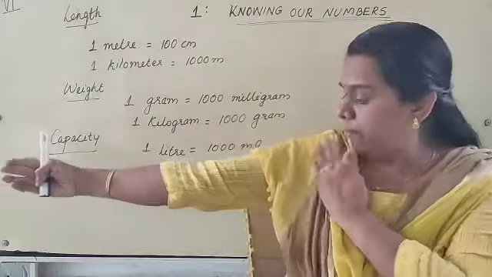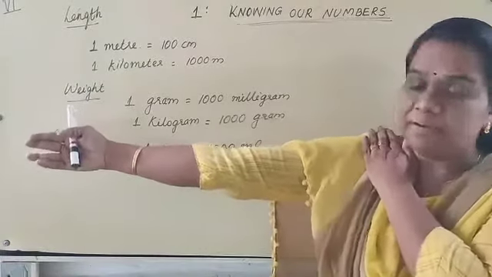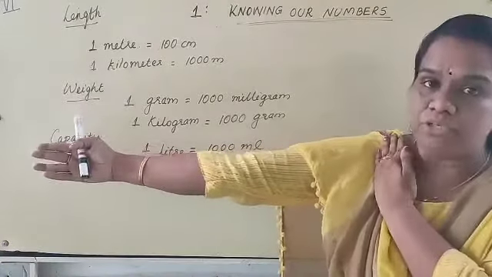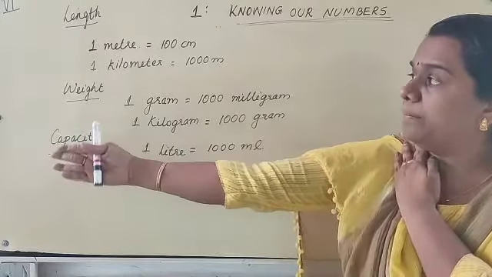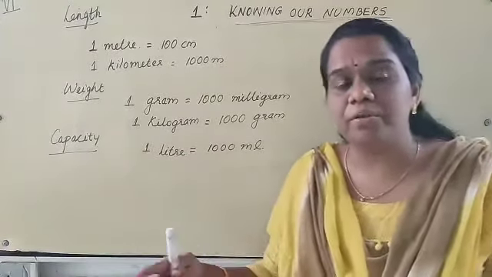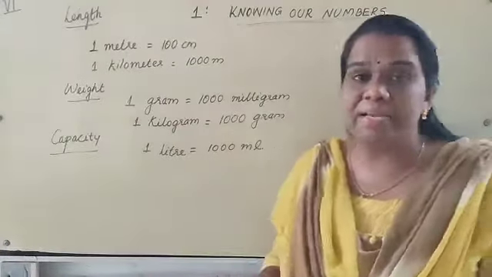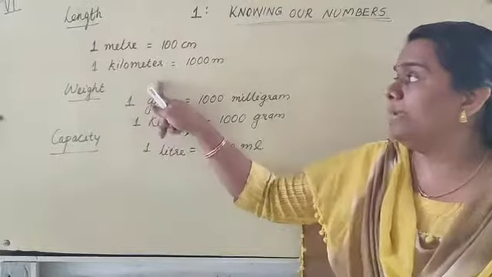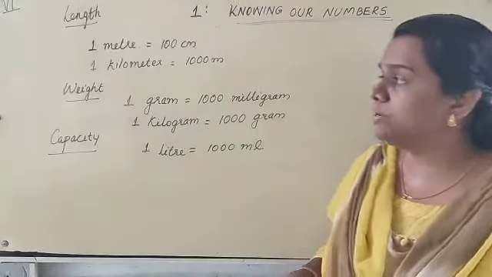We say the length approximately this much is 1 meter. That 100 centimeters will make 1 meter. And 1 kilometer, the distance from one place to another place, we say in kilometers. 1 kilometer is 1000 meters.